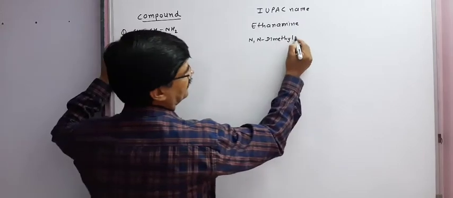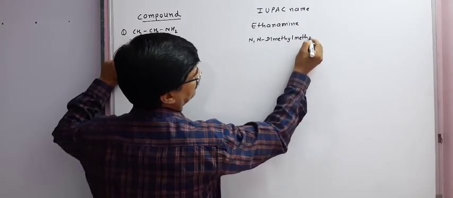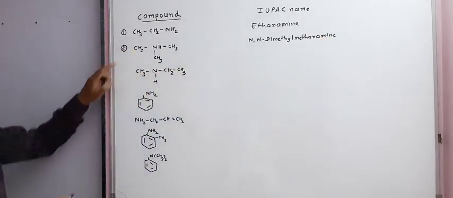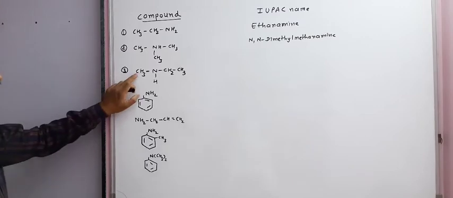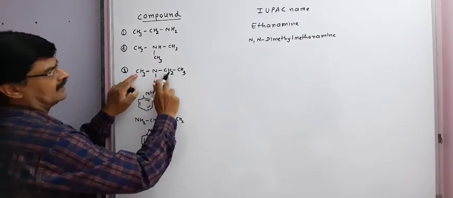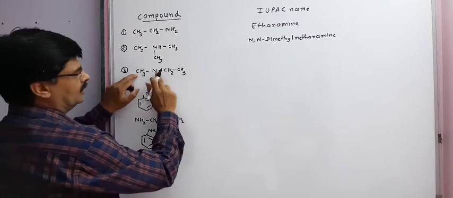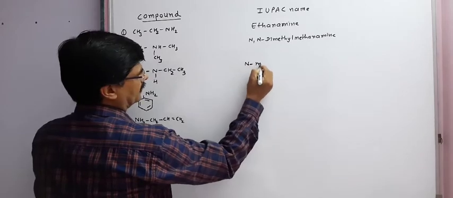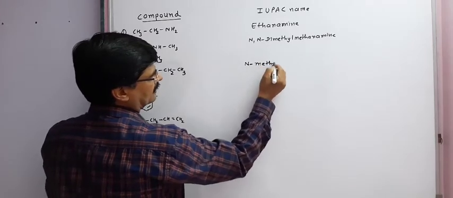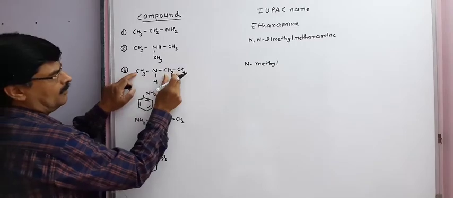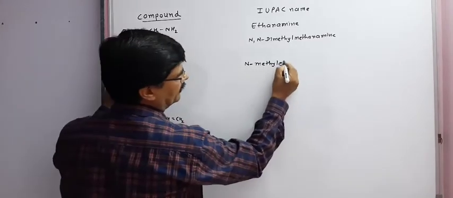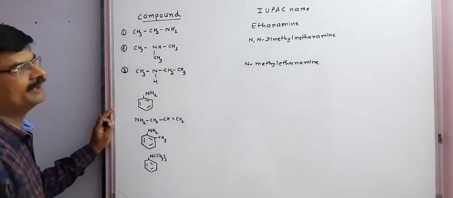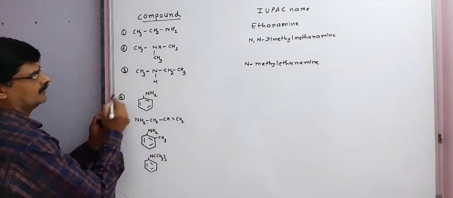Now one carbon remains, that is why methanamine. N,N-dimethyl methanamine. Now the third one. On one side we have a CH3 group, on the other side a CH2CH3 group. First of all we take CH3 with N, so N-methyl, and the total number of carbons remaining is 2, that is why ethanamine. N-methyl ethanamine.